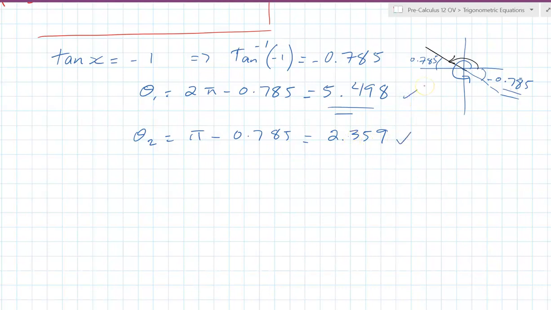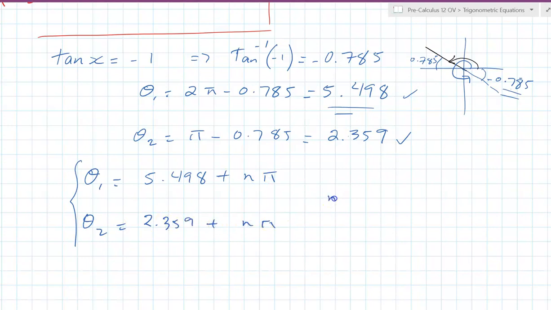Okay, and then what is the general term for each one? Excellent. So theta 1, the general solution for that will be 5.498 plus, now this is tangent, n pi. Theta 2 will be 2.359 plus n pi, and n belongs to the integers. Excellent. Done.